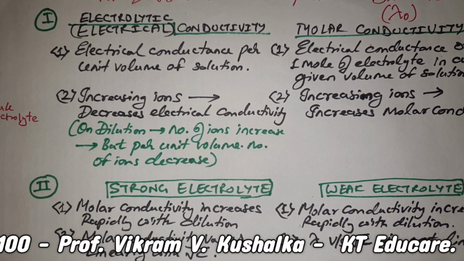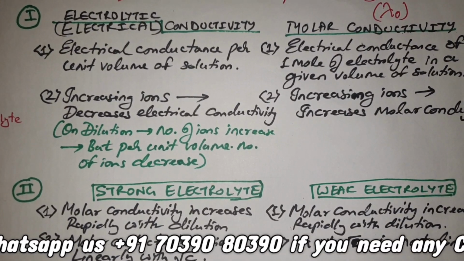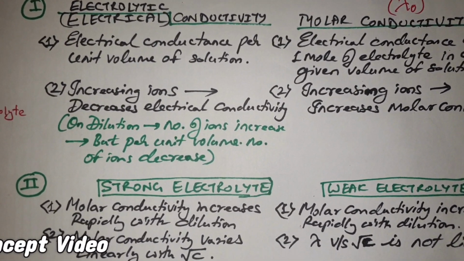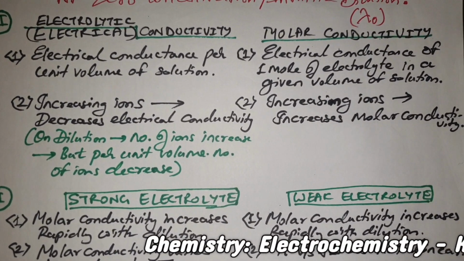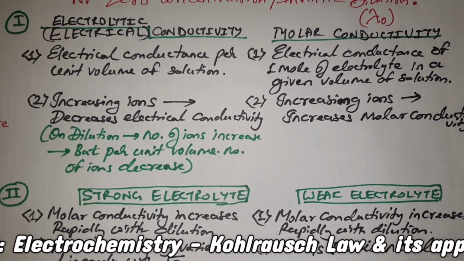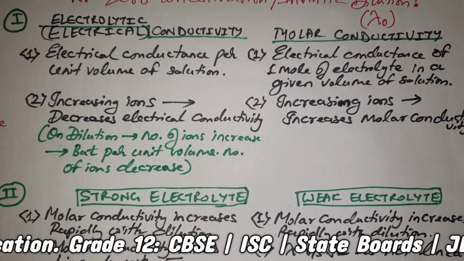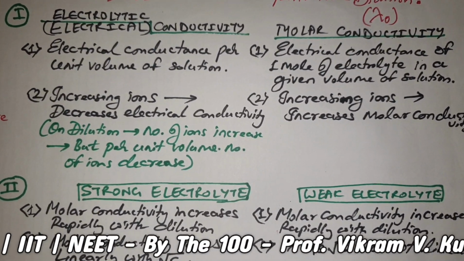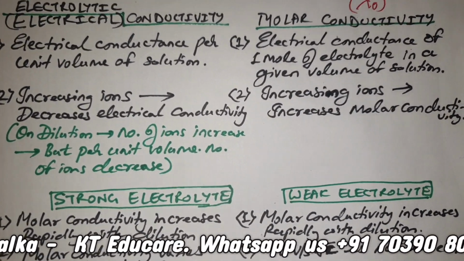Why? Because we are diluting the solution, and electrolytic conductivity is nothing but electrical conductance per unit volume of a solution. Per unit volume, the number of ions decreases because we are diluting it, so the concentration is decreasing. So in electrolytic conductivity, with increase in dilution or decrease in concentration, the conductivity will decrease.